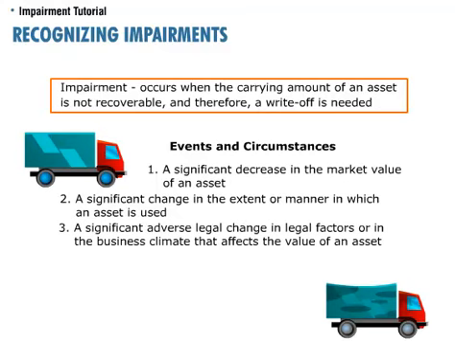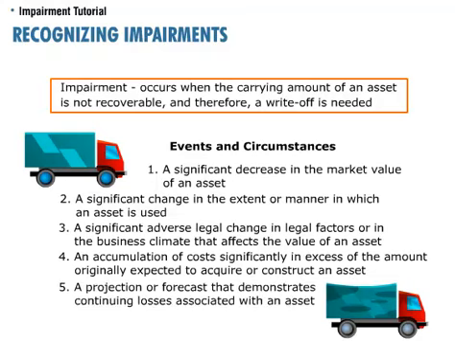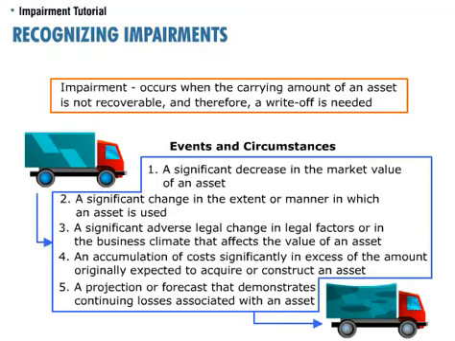A significant adverse change in legal factors or in the business climate that affects the value of an asset. 4. An accumulation of costs significantly in excess of the amount originally expected to acquire or construct an asset. And 5. A projection or forecast that demonstrates continuing losses associated with an asset.